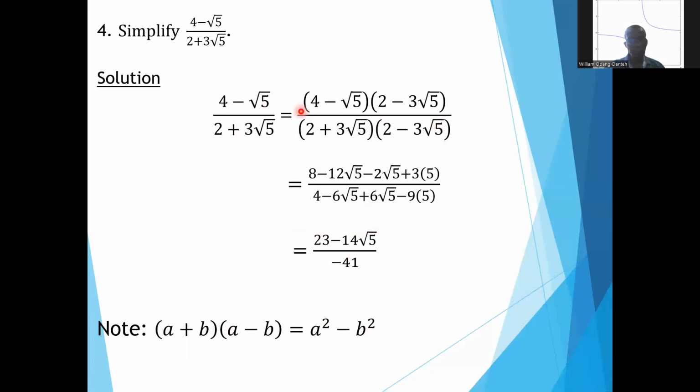And so when we carry out the rationalization process, finally we get this value. So it will be 4 minus 45, and then we get 23 minus 14 root 5 over negative 41.